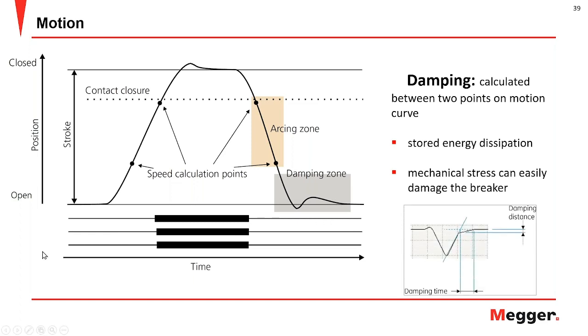The damping in opening operations is usually measured as a second speed, but it can also be based on the time that elapses between 2 points just above the breaker's open position. As I said, failure of the damping mechanism can result in critical damage of the breaker. So this is a very important parameter to be monitored.